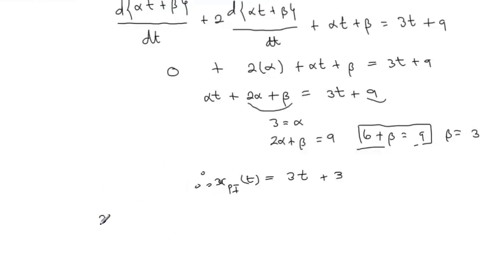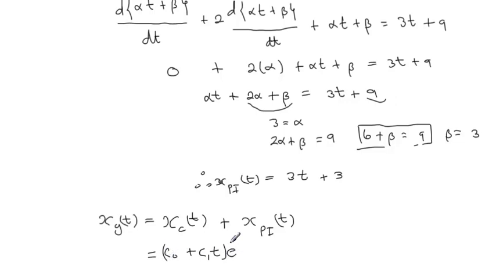We already know that our xg, our general solution, a function of t, is going to be x complementary, a function of t, plus x particular integral, a function of t, whereby we know now that this is c0 plus c1 t multiplied by e to the power minus t.